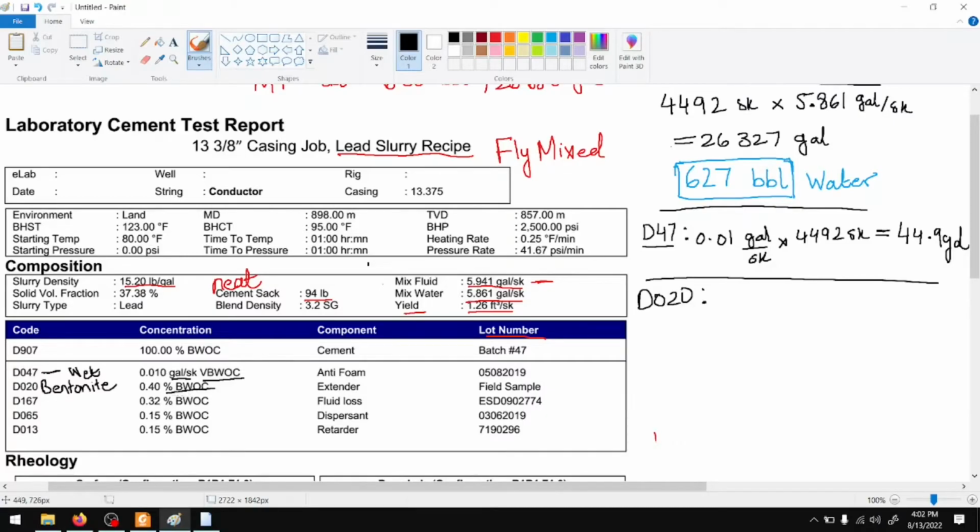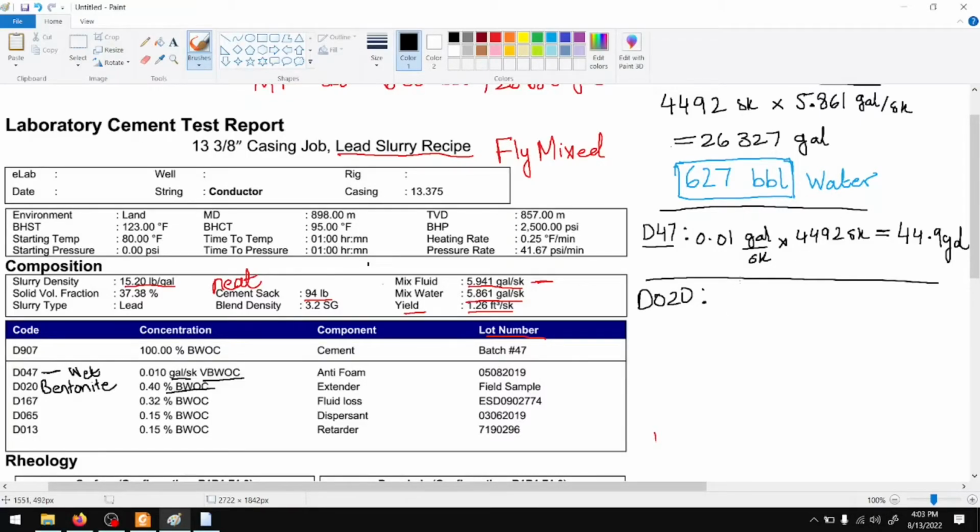weight of cement. So what that means is that of this 4,492 sacks of cement, or the total weight of cement in your slurry, 0.4% is going to be bentonite. So the entire dry material weight is going to be largely cement, but of that, 0.4% is going to be bentonite.